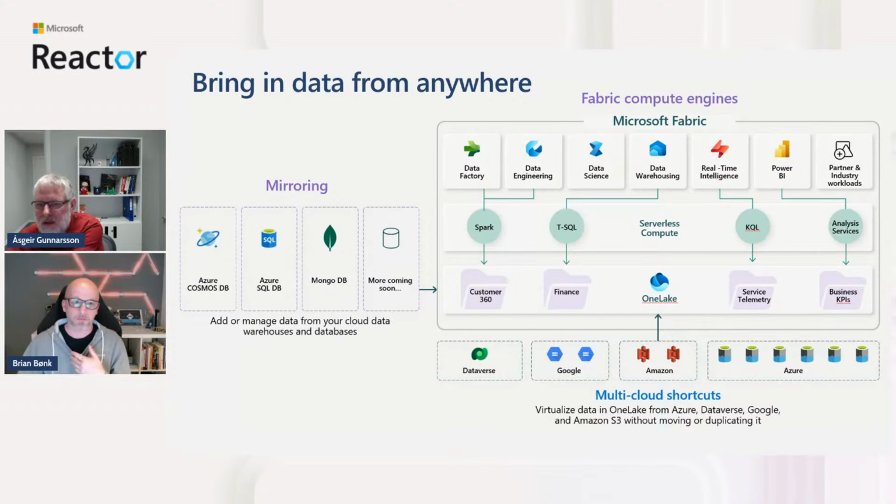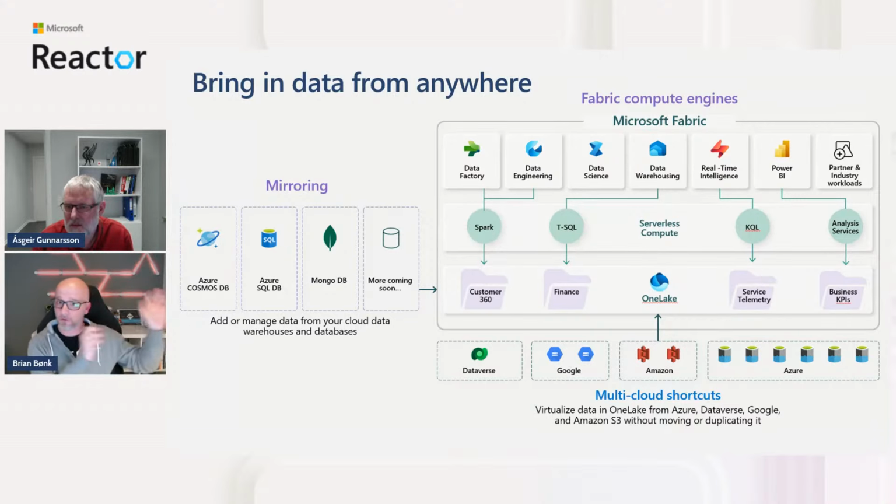We also have mirroring. Mirroring is actually what it says, a mirror of the data. So whatever happens in your sources, this could be Azure Cosmos DB, Azure SQL DB, MongoDB, and so forth, what happens there is actually being reflected in OneLake. And it is with both good and bad, because if you get an insert in your database, then that insert is also reflected in OneLake.